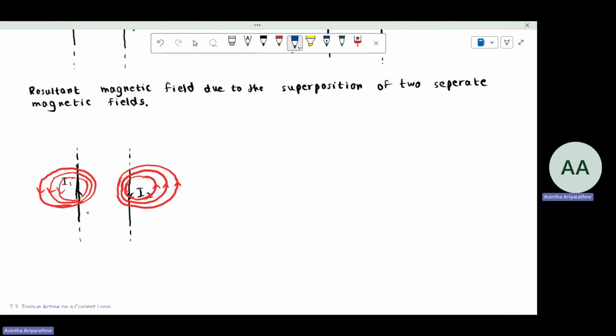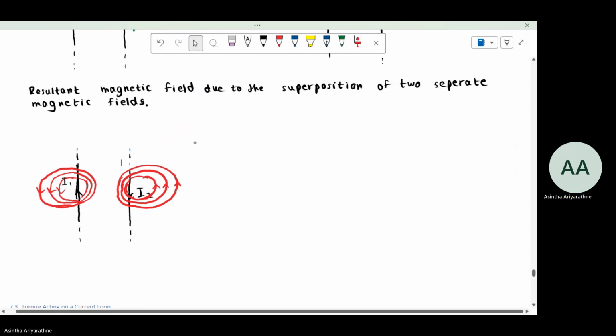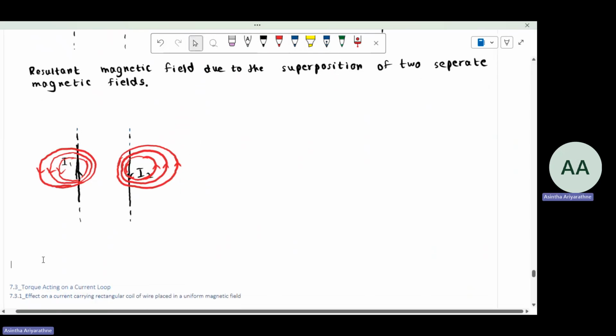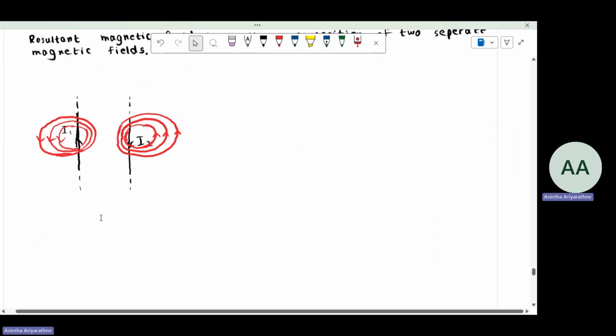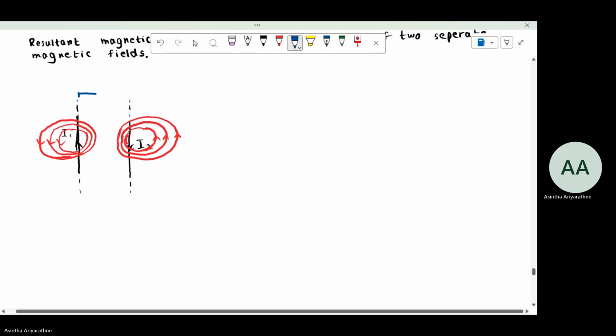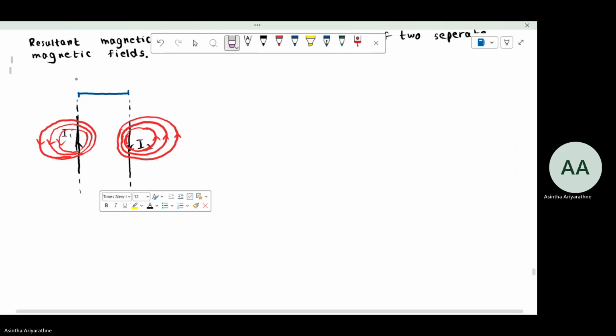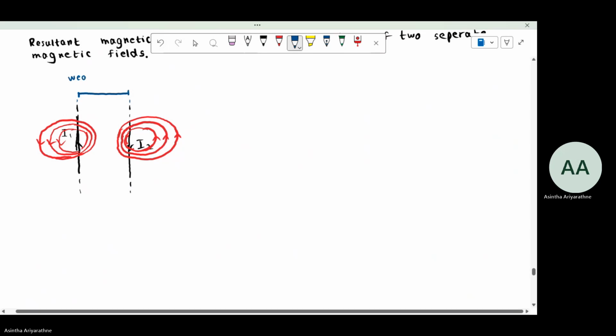So due to that, there would be a force induced. Less magnetic field in this region, a weaker magnetic field, due to the cancellation of the two magnetic fields.